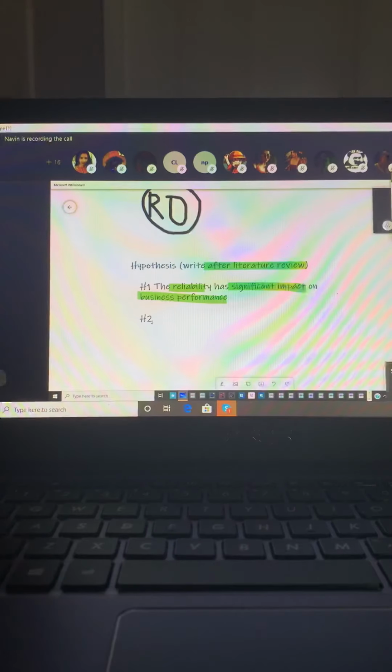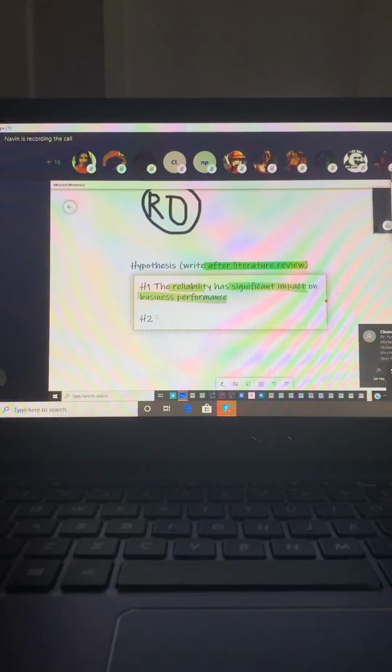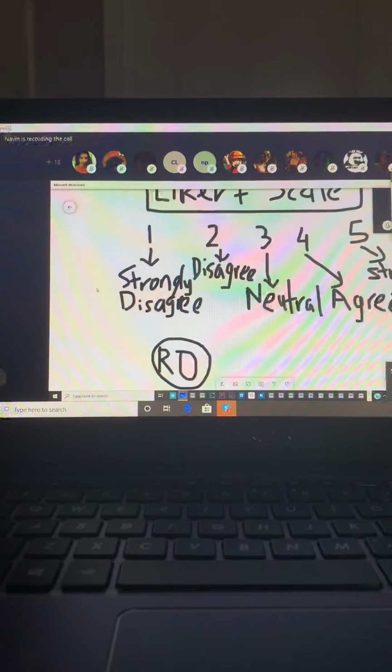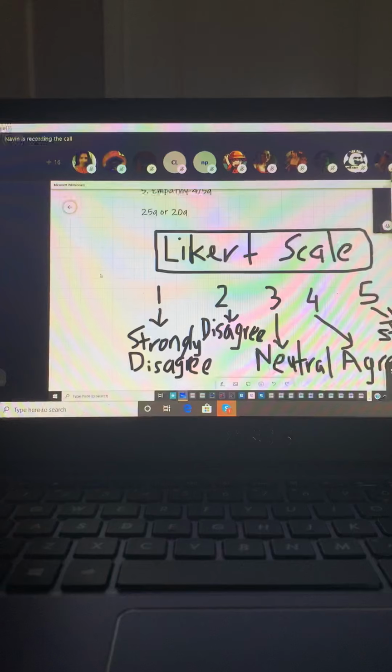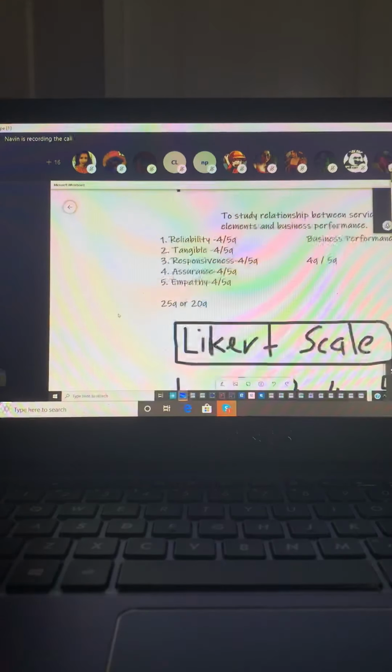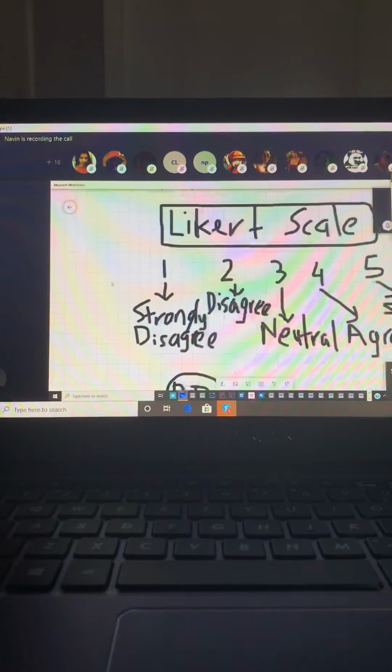Can anyone tell me what the second one should be? Very simple, you just look at your framework. What is your second one? Second one is tangible. So you just write the same thing.